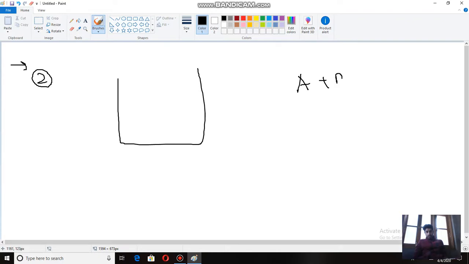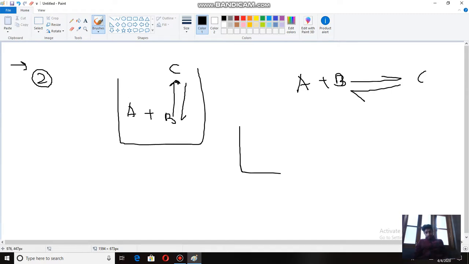A plus B gives C, and C in turn gives A plus B. For example, A plus B gives some C, and this C decomposes also back to A plus B. When only the reactants are present, A's concentration is maximum, B's concentration is maximum, and the initial concentration of C, that means C naught, is 0.